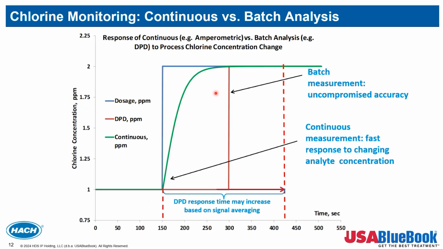And at the end, you can see at 150 seconds, approximately, the batch analysis may respond with a full accuracy. Yes, that time may extend based on the sampling, and because it's a batch analysis, it grabs the sample, analyzes this, discharges this, and repeats the cycle.